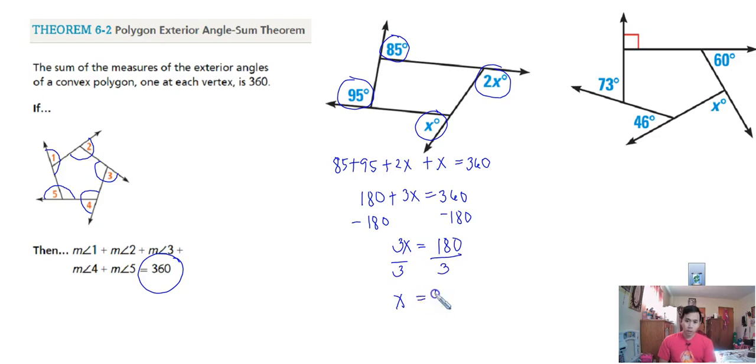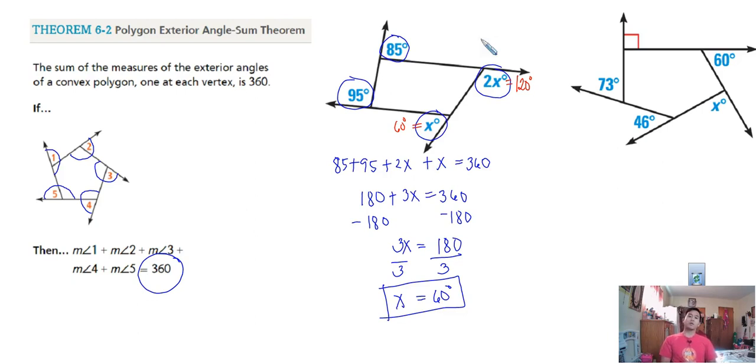We have 60 degrees. So the value of x is 60. Therefore, this angle here is equivalent to 60 degrees. And this one, because it's 2x, so 2 times 60, is equivalent to 120 degrees. As easy as that on the exterior angle sum theorem of a polygon.